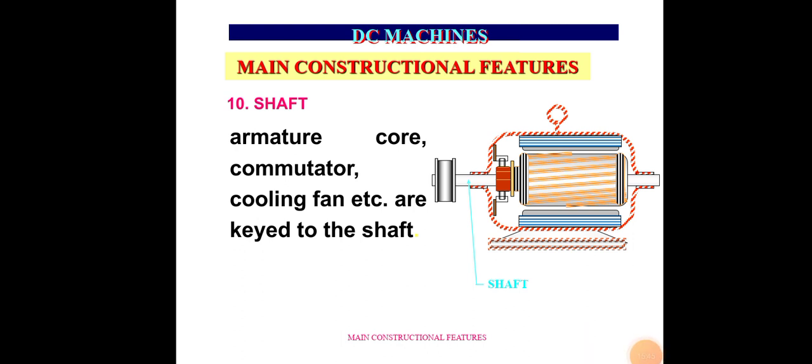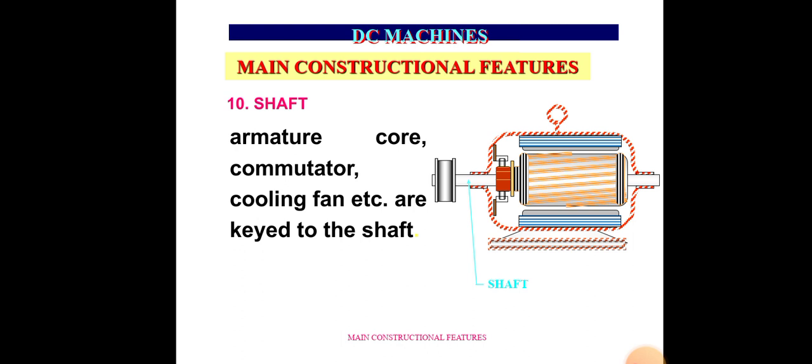Shunt means the armature winding and field winding are both connected in a parallel manner, known as a DC shunt generator. When the armature winding and field winding are both connected in a series manner, it is known as a series generator.